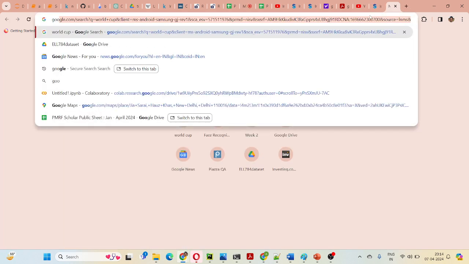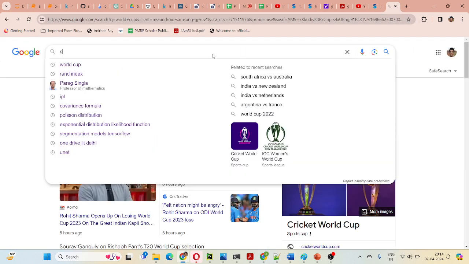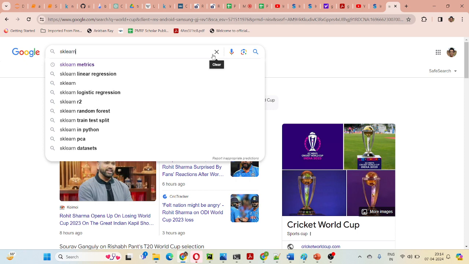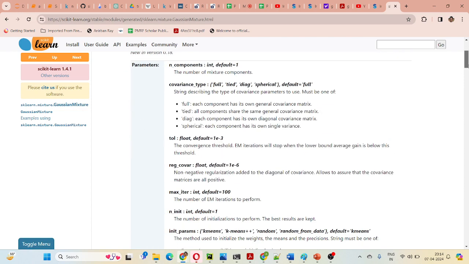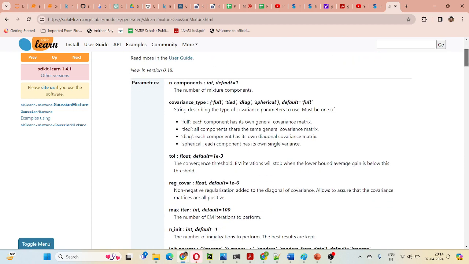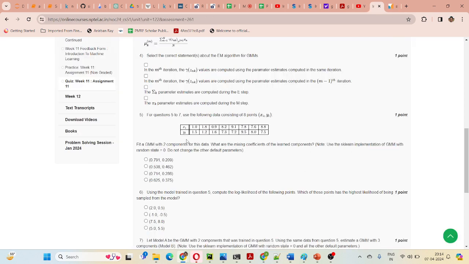You can Google search sklearn GMM, and from that you can do it. This is the documentation as you see. The number of components: what is given? Two components, with random state 0. Do not change the default parameters. Fit the GMM.